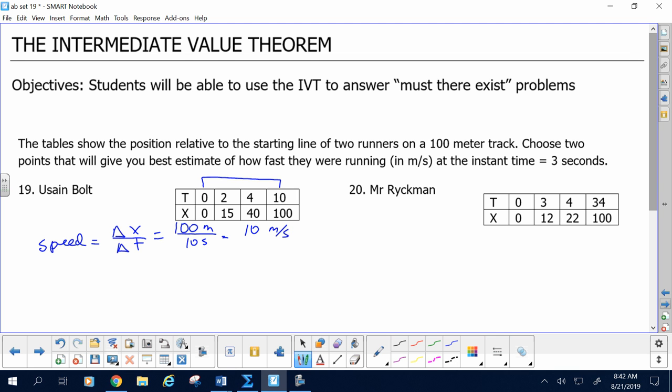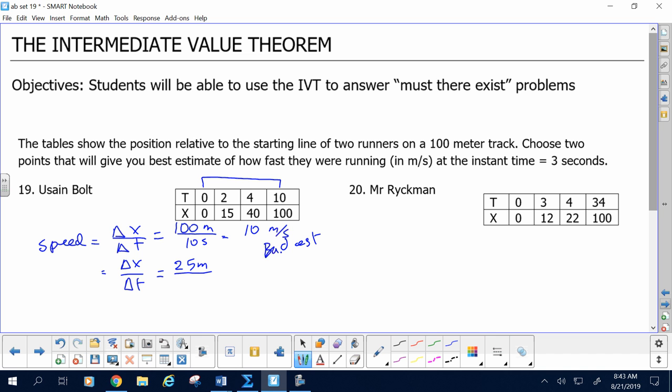So what did you use? 2 and 4, all right? This is a bad estimate. Instead, better is to use 2 and 4 because it's a smaller window around 3. So between 2 and 4, how far did he go? What was his position change? 25 meters.